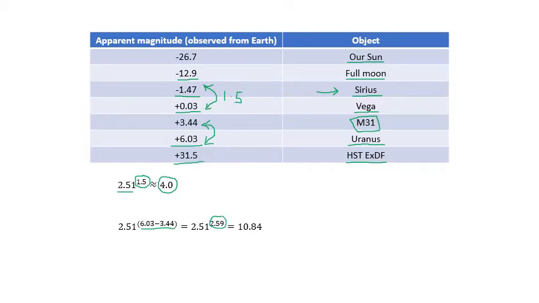So if we raise 2.51 to the power of 2.59, we get 10.84. So that means that M31 is 10.84 times brighter, more intense, that is, its intensity is 10.84 times that of Uranus. So a difference of magnitudes is a ratio of intensities.